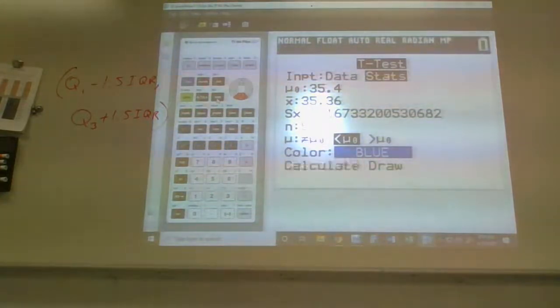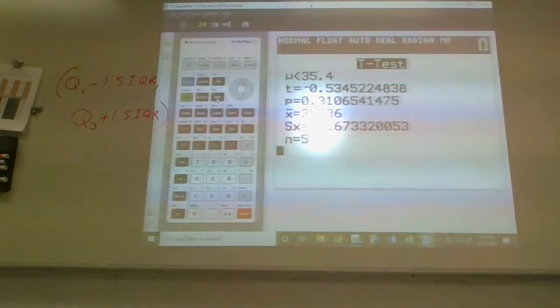Let's calculate it. We took out the outlier. Holy crap. A p-value of 0.31. We would reach the same conclusion. We don't have enough evidence to show that the weight is less than advertised. We just simply don't.